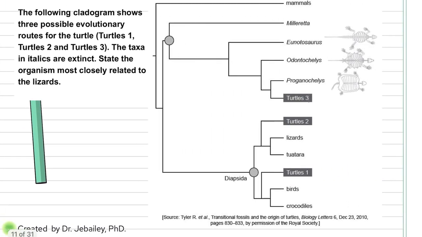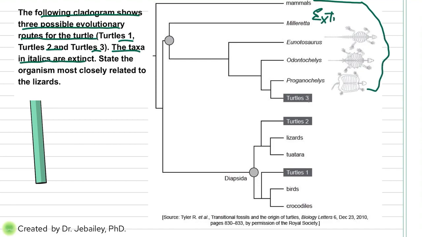Next, the following cladogram shows 3 possible evolutionary routes for turtles 1, 2, and 3. The taxa in italics are extinct, so that means this section here, they all have gone. They're extinct. Then state the organism most closely related to the lizards.